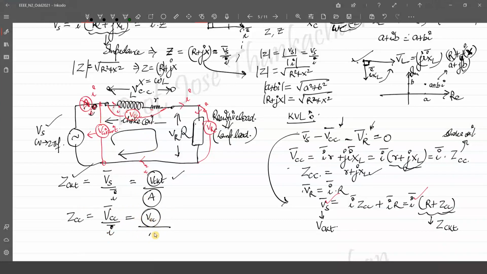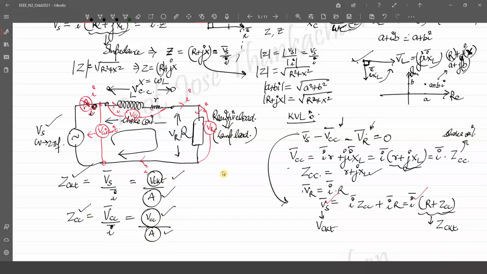So ZCC equals VCC divided by A. VCC is known by measuring, A is already known, so what you can find out is ZCC.